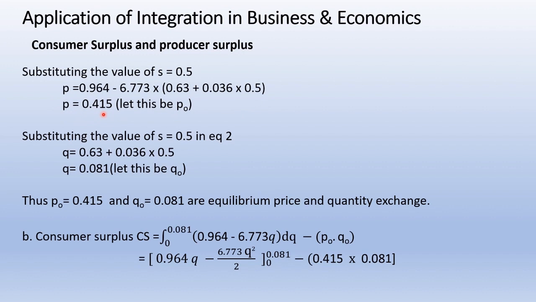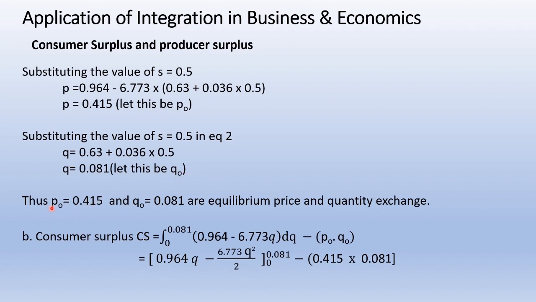P is equal to 0.415, let this be P naught. Substituting the value of S is equal to 0.5 in equation 2, Q is equal to 0.63 plus 0.036 x 0.5, Q is equal to 0.081, let this be Q naught.